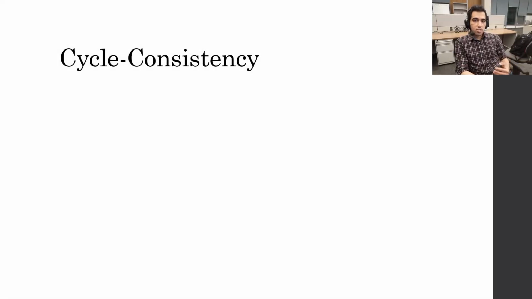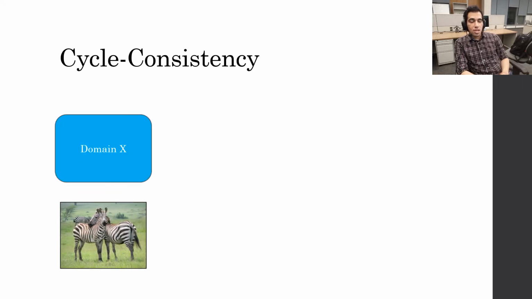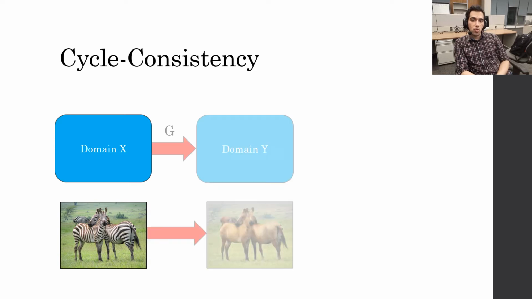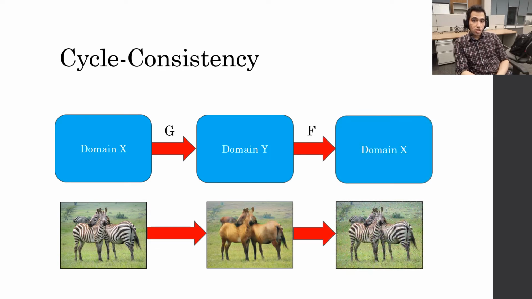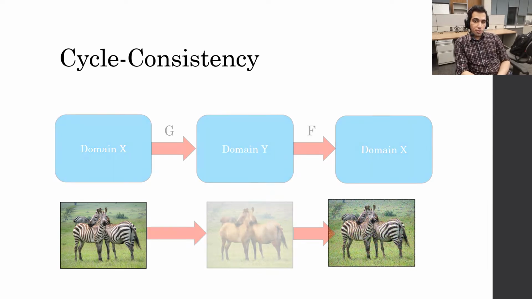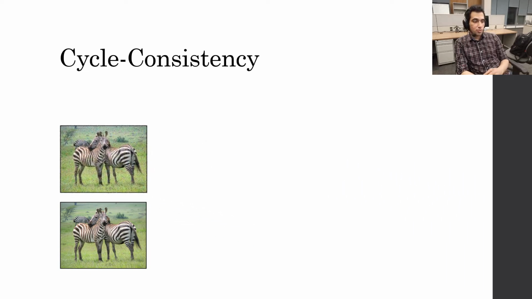Other than the GAN loss, there are other losses they use in their model to improve its performance. One of them is the cycle consistency loss. What exactly is this? Assume that we have an image in domain X. We apply the generator G to convert it from domain X to domain Y. After that, we apply generator F to the output image, so we should eventually have another image in domain X. We compare the result, here two images from the zebra domain, one real and one generated.